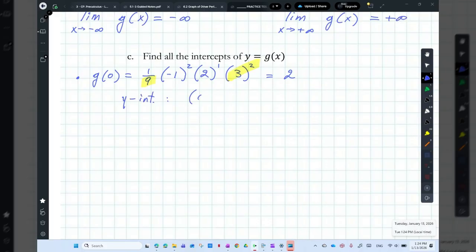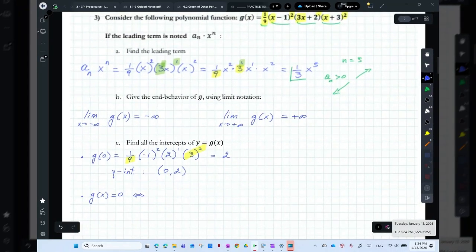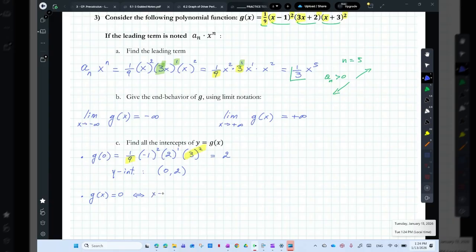So the y-intercept would be (0, 2). The second type of intercept is the x-intercept, and to get those, I need to solve, not just evaluate, g of x equals 0. But because the factored form is given to me, it's rather easy. I'm going to have x minus 1 equals 0, or 3x plus 2 equals 0, or x plus 3 equals 0.